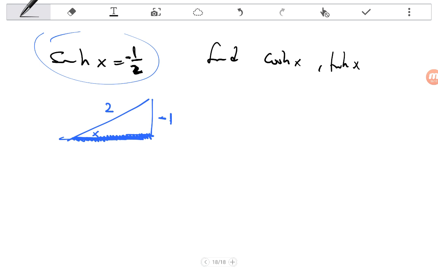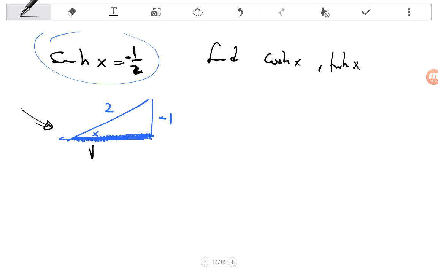Now, how to find that side? Remember, this is not an ordinary triangle. It is a fake triangle. It tells me to deal with this triangle as if the adjacent was the largest side, as if you used the same rule of the hypotenuse before.